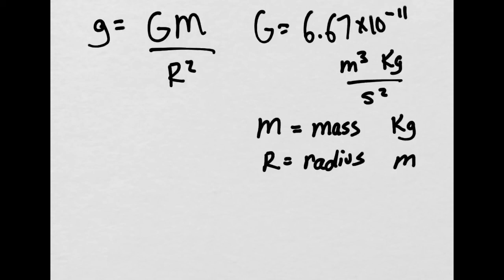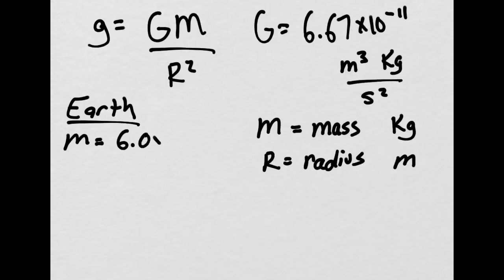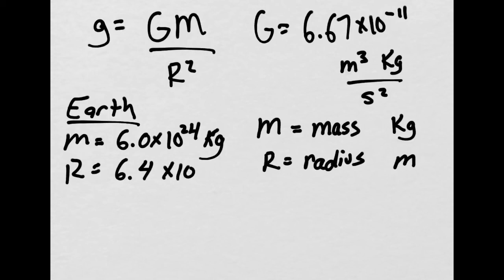So using our table, let's look at Earth. Earth has a mass of 6.0 times 10 to the 24 kilograms and a radius of 6.4 times 10 to the 6 meters. We're working with big numbers for the first time in this class, so we're going to go slowly through the scientific notation.